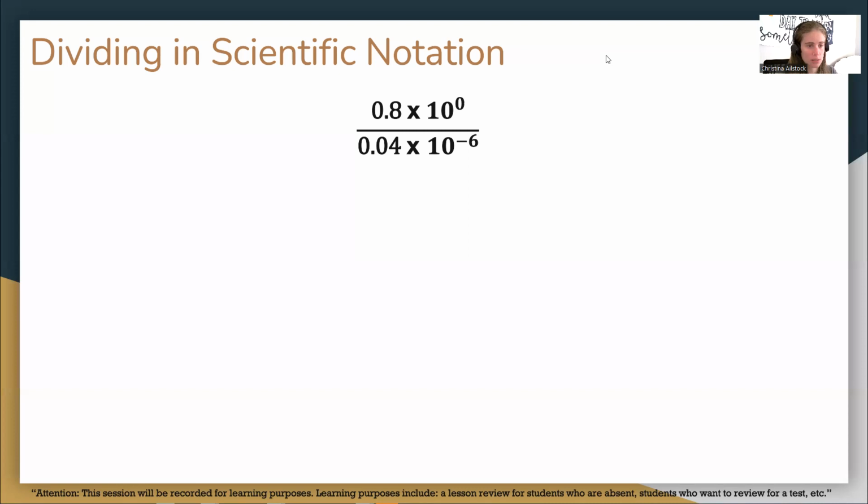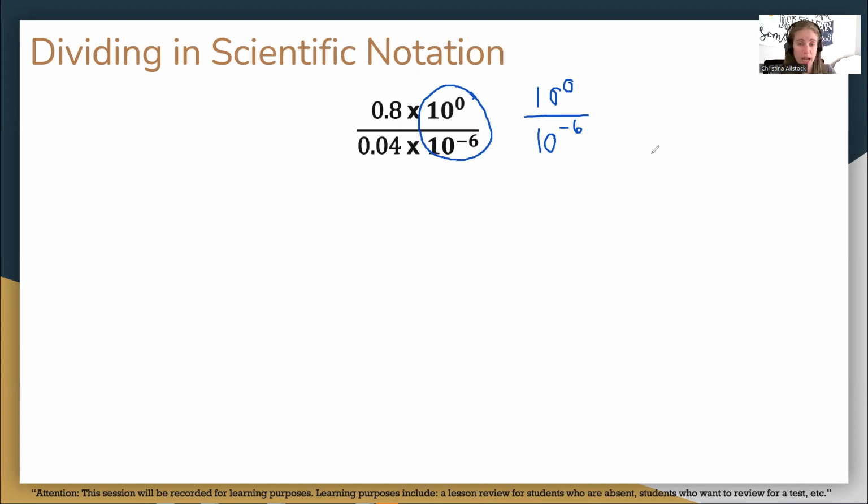So first, let's do what I consider the easy one because it's just a little bit faster. And let's deal with our power of 10 terms. So we have 10 to the 0 power being divided by 10 to the negative 6 power. Well, the way that we simplify this, because their bases are the same and they're being divided, is I subtract my exponents.